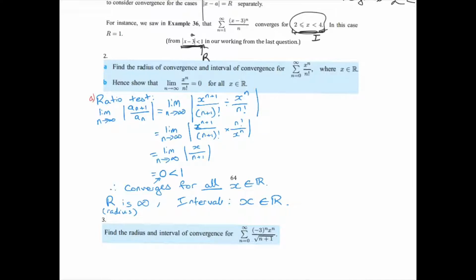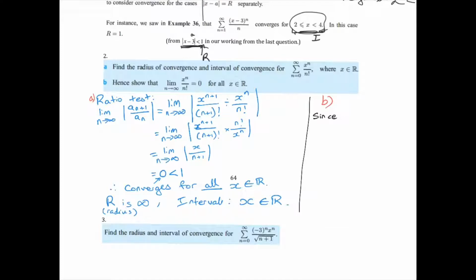Now, I'm going to put B over here. Hence, show that the limit of x to the n over n factorial equals 0. Actually, we don't really need to show anything, do we? What do we know? If that series converges, the limit of the term should equal 0, right? So we can just explain.